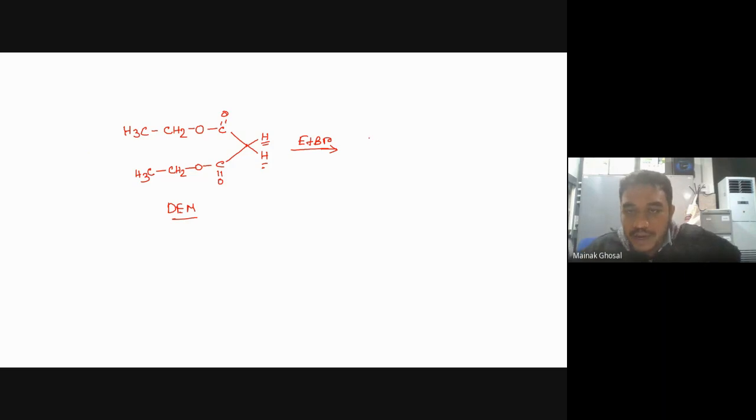Okay. So I write two kinds of product. One possibility is that only one ethyl group enters here. This is possible. Another possibility is that both the hydrogens are replaced by ethyl.